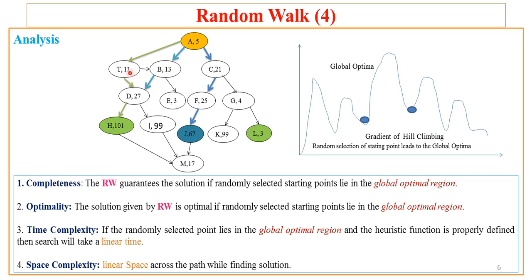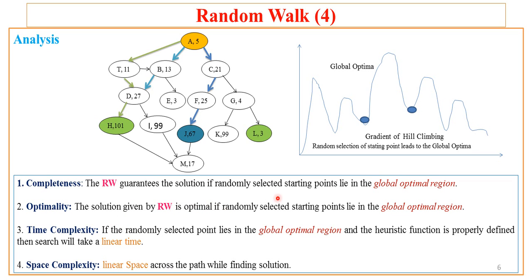So any point selected from these 2, that is T and B, will lead to the global optima. So this way, if fortunately any of these points is selected by a random walk, then that will lead to the global optima. So here the random walk algorithm is complete in nature. It also gives the optimal solution.